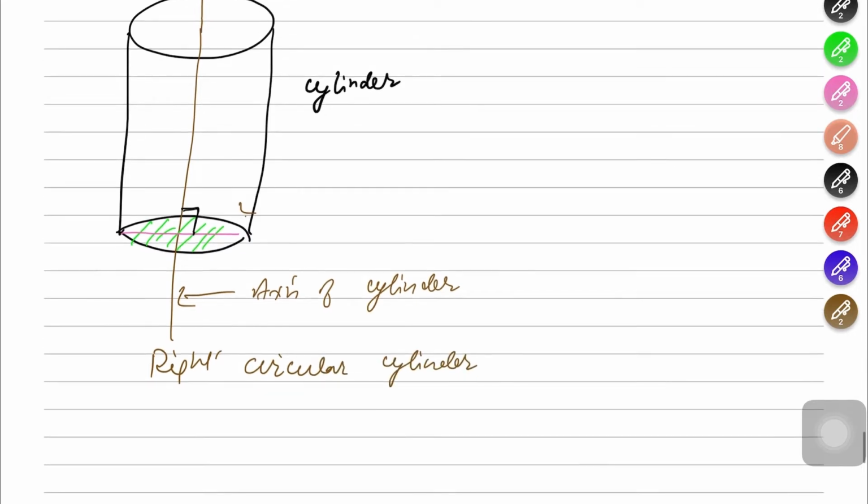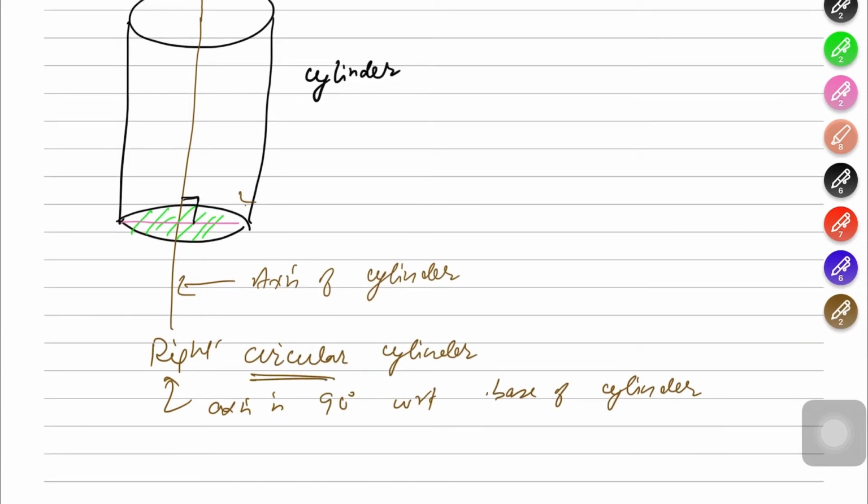Why right? Because the axis is at 90° with respect to the base of the cylinder. That's why this is a right circular cylinder. And why is it called circular?